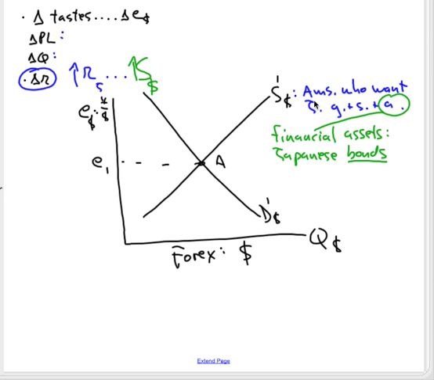So the effect of this rise in Japanese interest rates will be an increase in the supply of dollars and therefore a fall in the exchange value of the dollar.